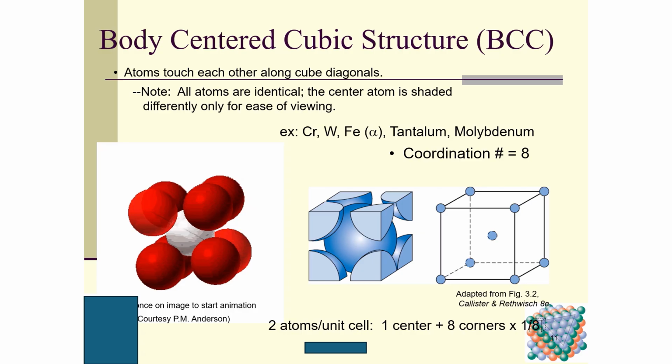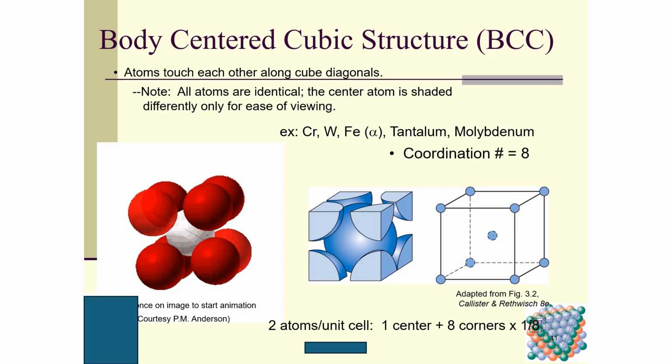Iron is special. It has multiple crystal structures, alpha, beta, and I'm going to talk about those in the following slides. Tantalum and molybdenum are also metals that have the BCC structure. Any questions so far?